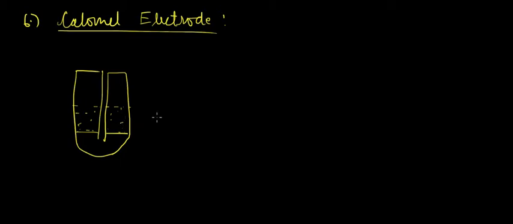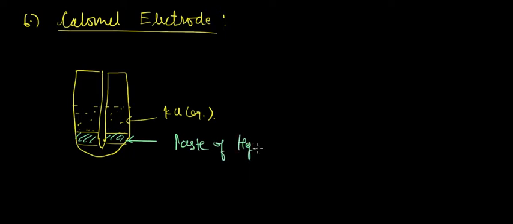Next we have a paste of Hg2Cl2 in solid form, and at the bottom layer we have liquid mercury.